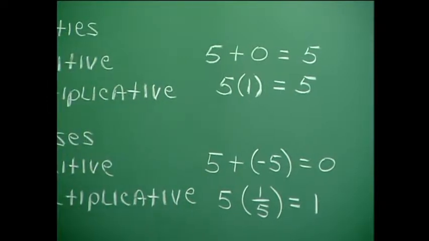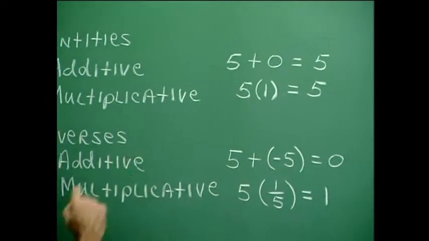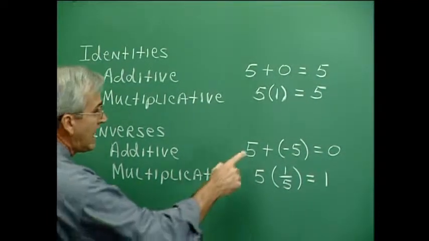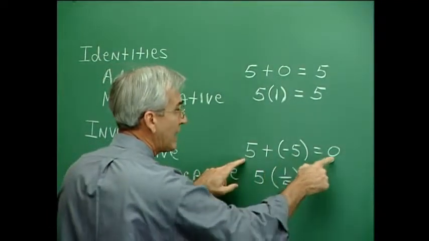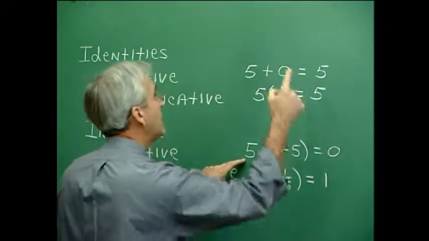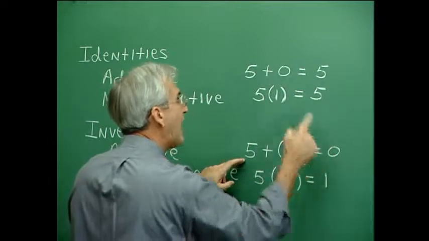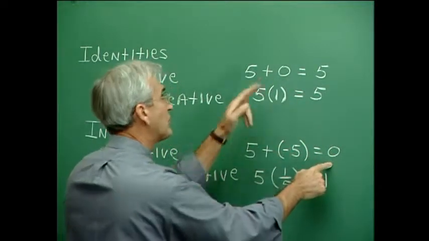Okay, then we come to the notion of inverses. An additive inverse is just a fancy way of saying the opposite of a number, because if we take a number and we add its opposite, we get 0. 0 is the additive identity element. Now notice the relationship back from inverses to identities.